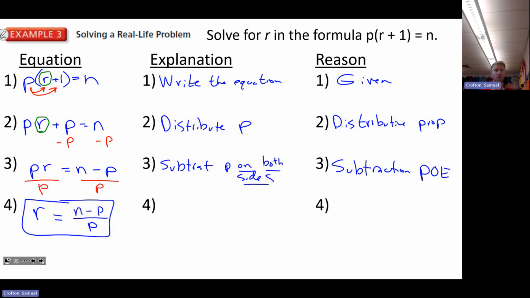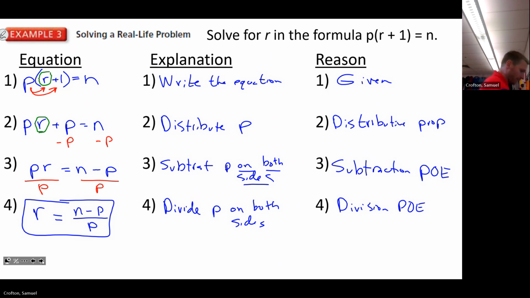N minus P is a binomial together. You'd need exactly that on the bottom to cancel out. And this is going to be the division property of equality. There we go.